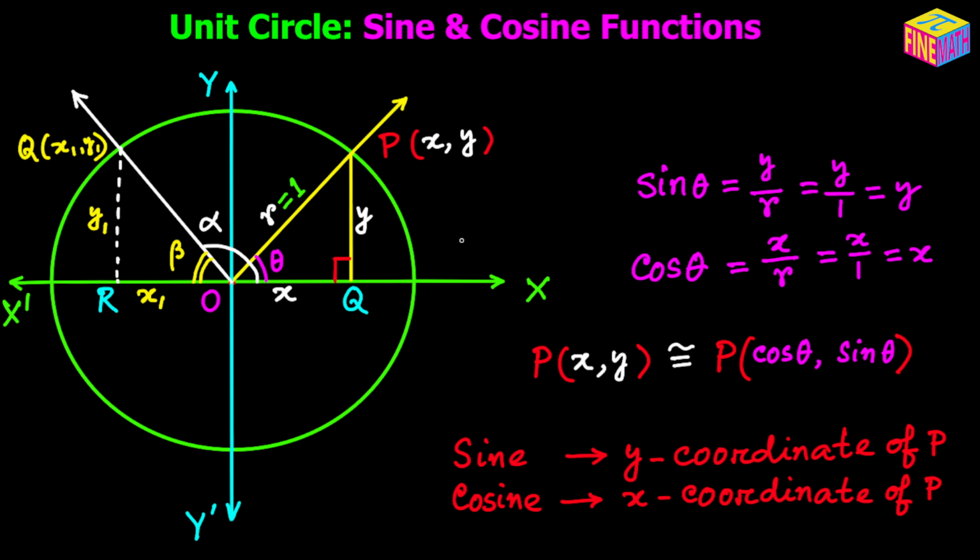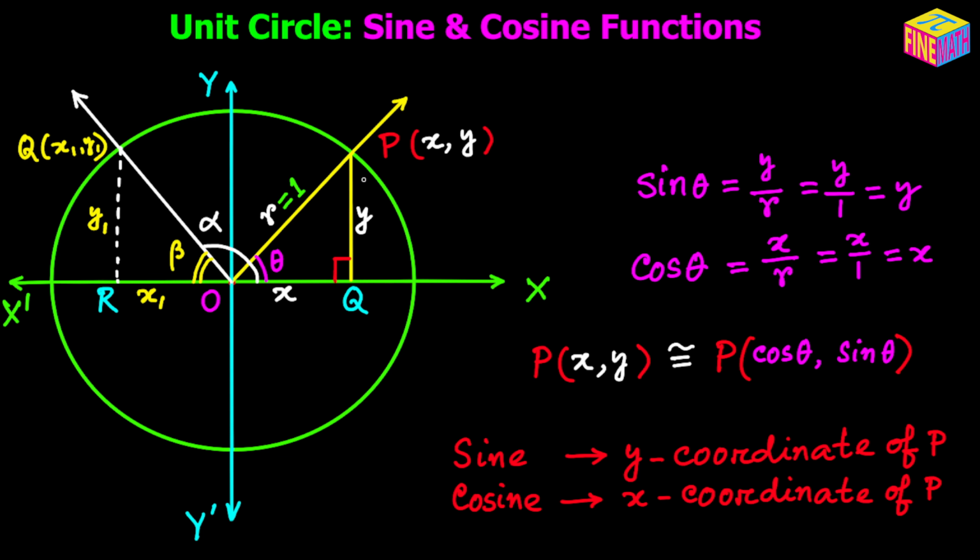If you think about it, in the first quadrant both the sine and cosine functions will be positive because they represent the coordinates of the point P, and in the first quadrant both coordinates of point P are positive. If sine is positive and cosine is positive, guess what? Tan theta will also be positive, and also cosec theta, sec theta, and cot theta will be positive.